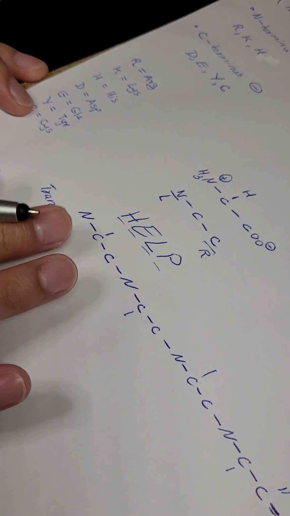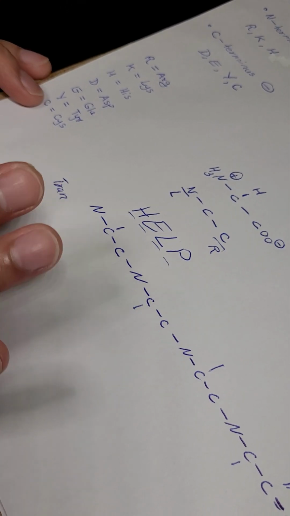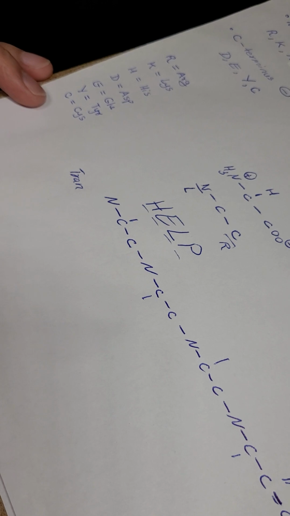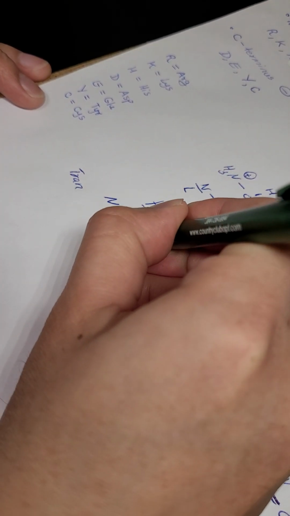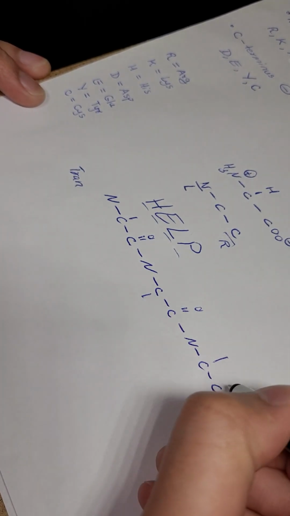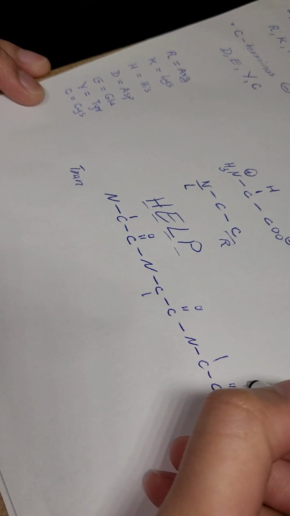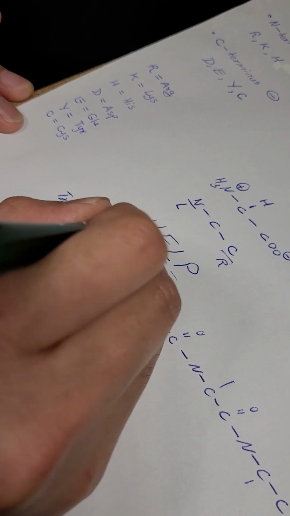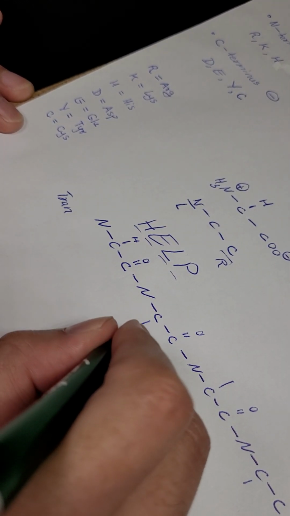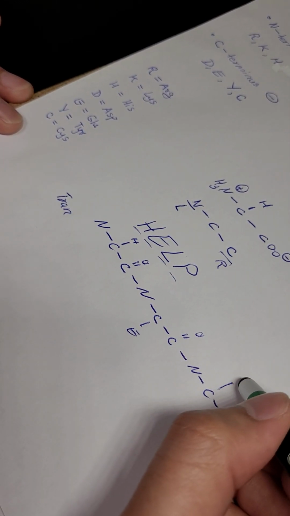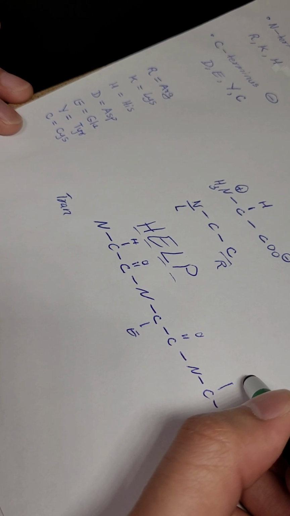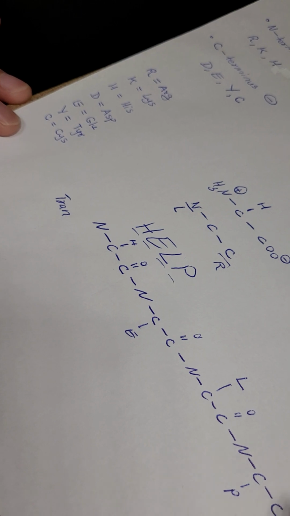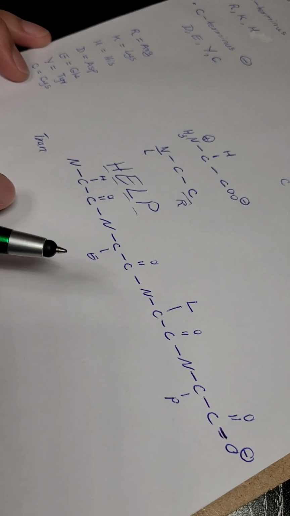I might not draw a full peptide structure, but I will let you draw it by yourself. The first one will be H, the second one will be E, the third one will be L, the last one will be P. You have to draw it by yourself.